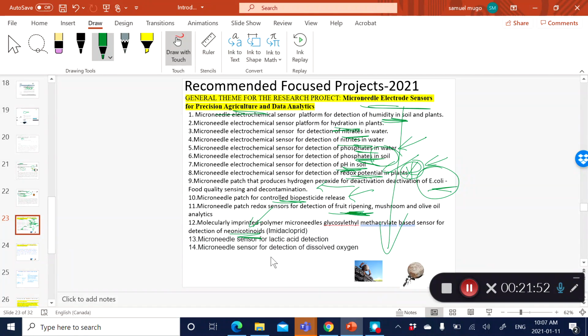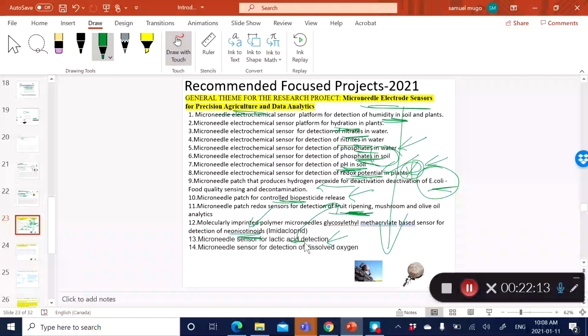And then lastly, detection of lactic acid. It's going to be interesting if somebody does that. Of course, you all know lactic acid is produced in sweat if you are under stress from exercise. But it's also produced by plants, and it can actually be an indicator of fruit ripening as well.